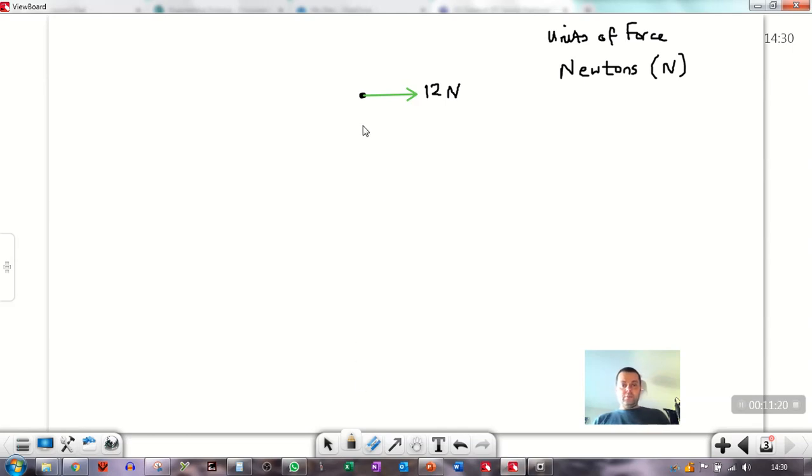We would have to add a 12 newtons to the left. Oh, goodness sake, that's annoying that went down the way, but you get the picture. 12 newtons. So now the condition is static.